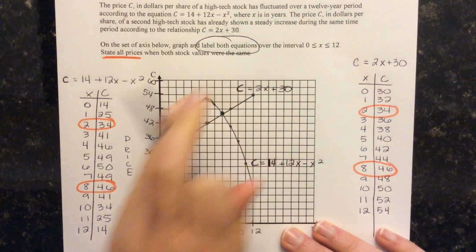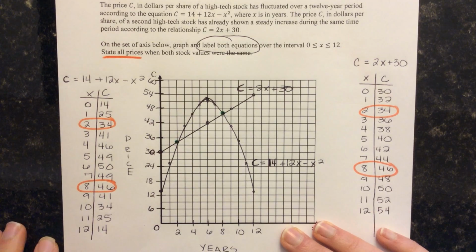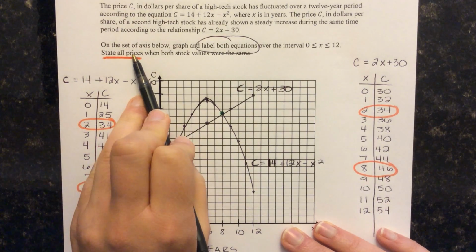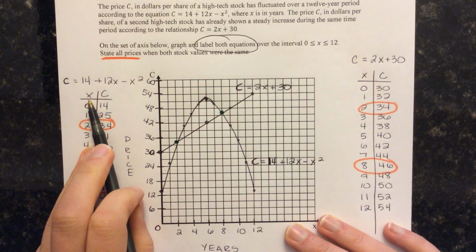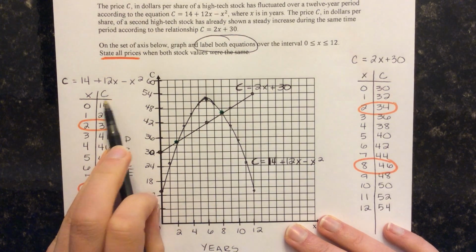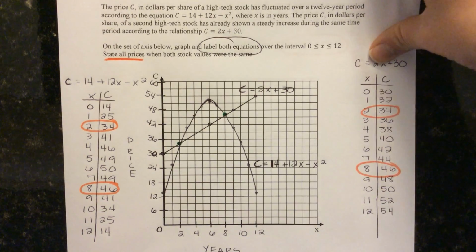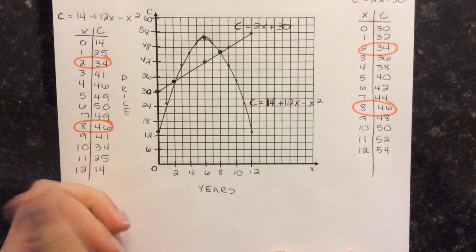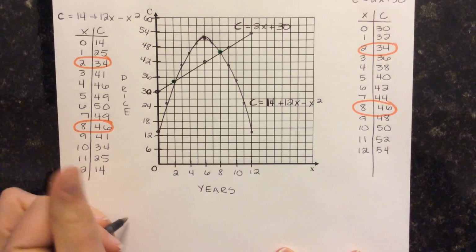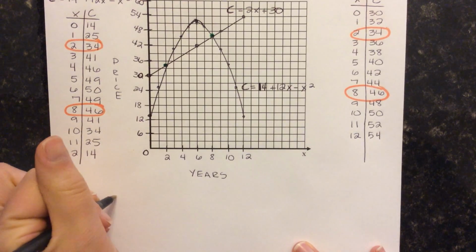Graph and label both equations on the set of axes below. Perfect. State all prices. This is where we don't want to lose any points. X is time in years. C is the prices. So they just want the prices when all the stock values are the same. The same means equal, right? So stock values same.